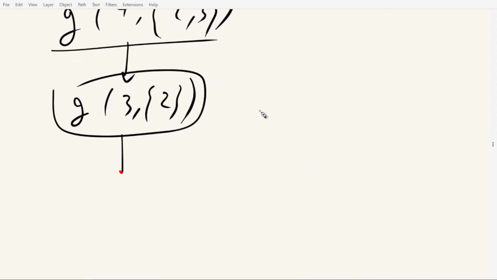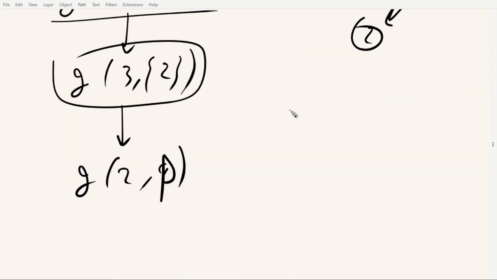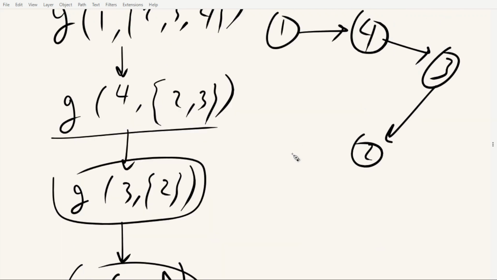So the next problem is G25, and next we move to 2. Now G25 means move directly to 1. So this is counterclockwise in the original figure, 1 4 3 2 1.